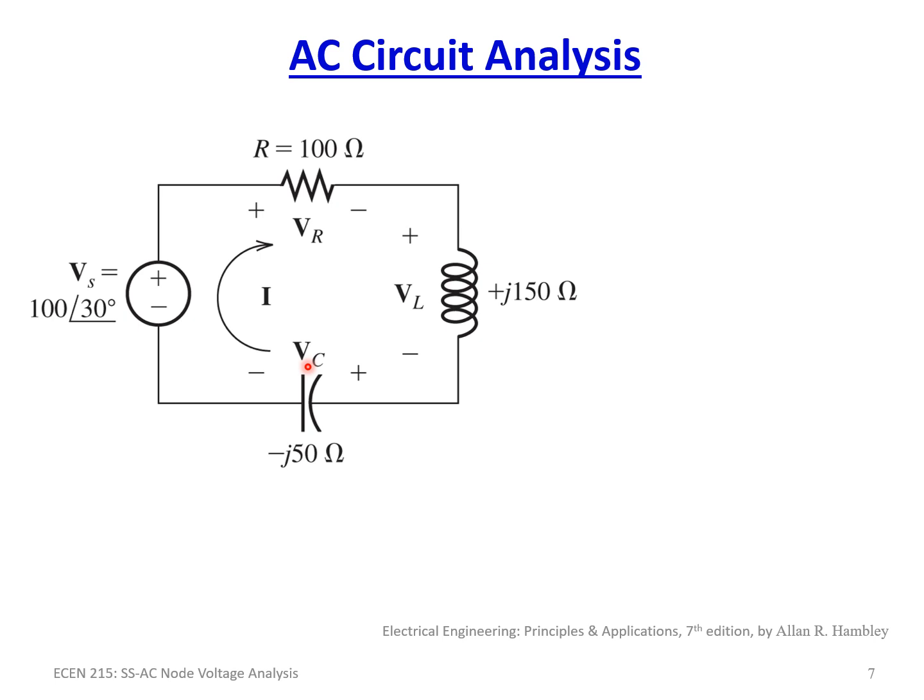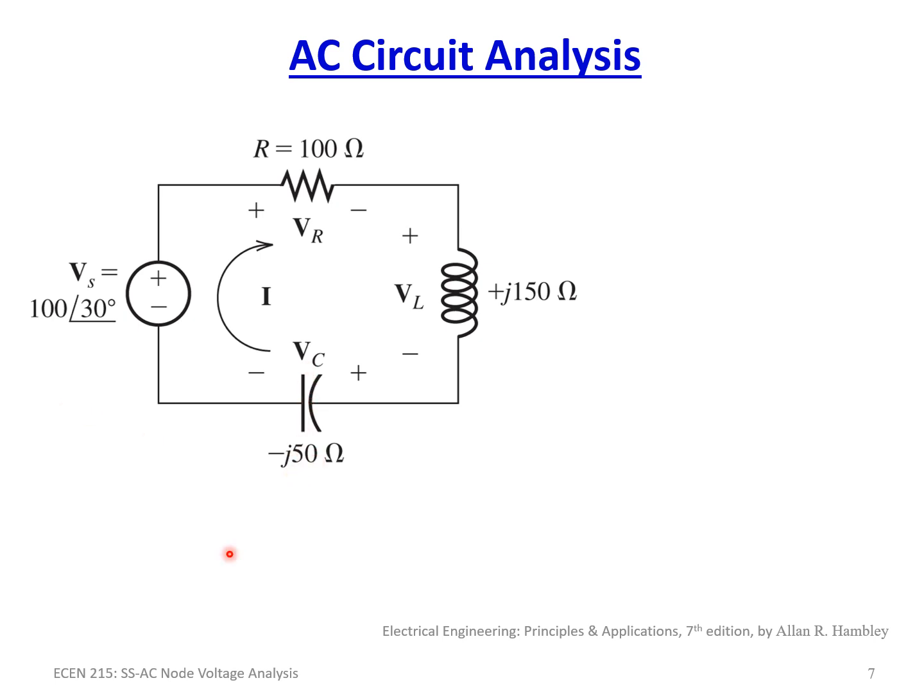Let me enter that in my calculator here. With omega 500, we take 1 over that product, and that gives us 50. So 1 over omega C is 50, but it's minus j, so minus j50 ohms. So we have ZR equal to 100 ohms, ZL equal to j150, and ZC equal to minus j50.